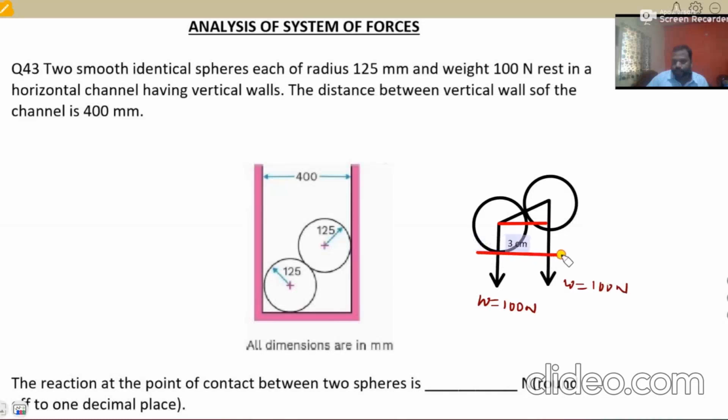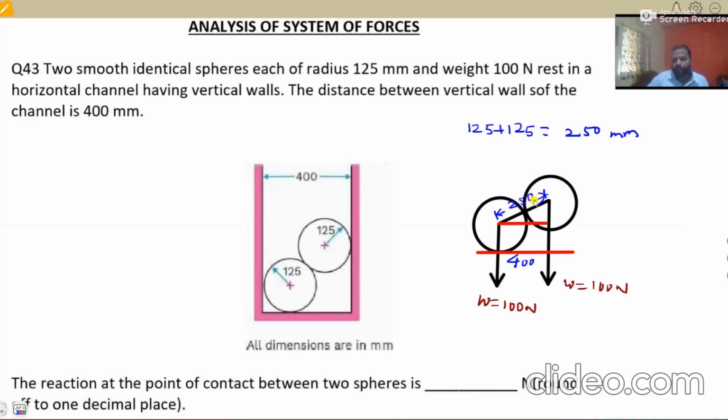This line is 400. This is 400. And this becomes 125 plus 125, that will be 250 mm. The distance is 250 mm.